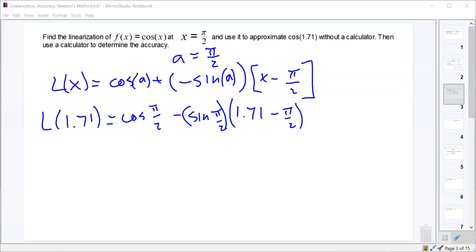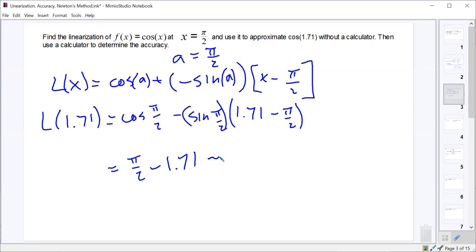Cosine of pi over 2 should be 0, and the sine of pi over 2 should be 1. So this becomes negative 1 times this, or we can just flip the signs. So this ends up being pi over 2 minus 1.71. So that's the best approximation we can get for it.